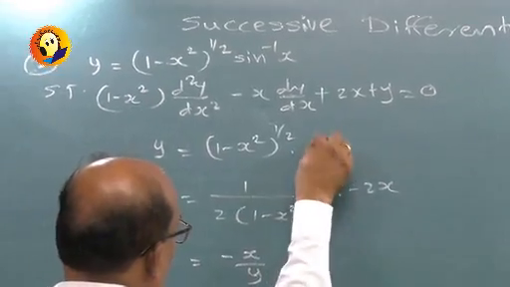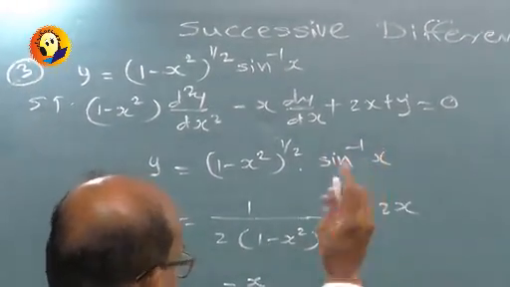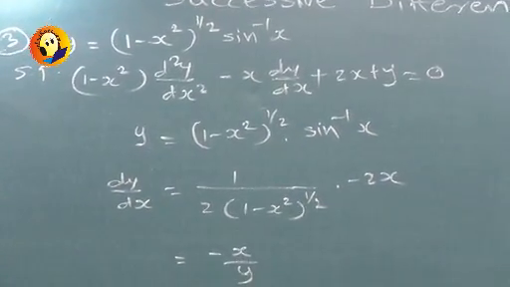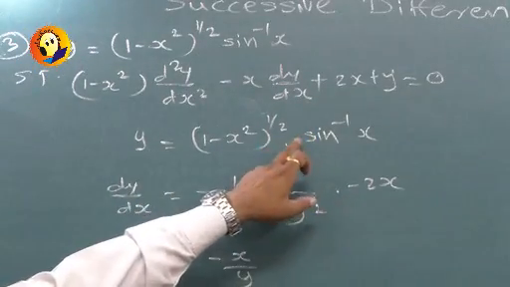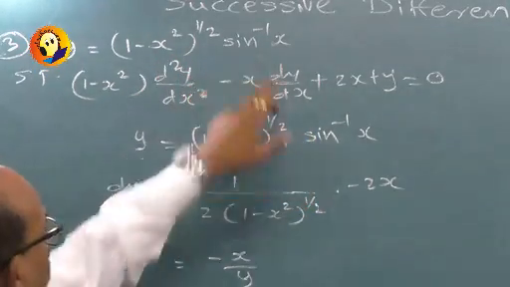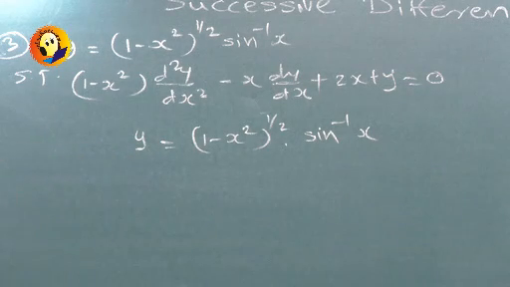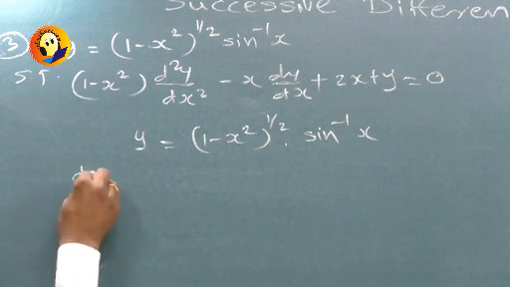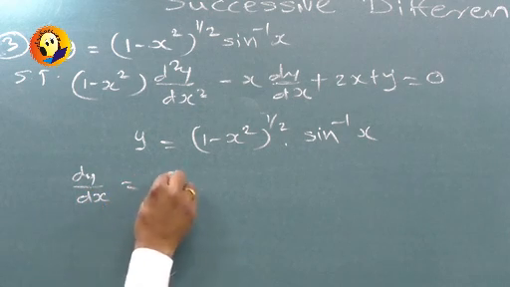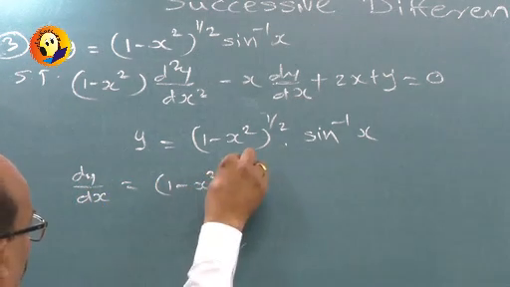So it right now begins with u into v only. So there was a multiplier sine inverse x, and so dy by dx will be 1 minus x square raised to half.